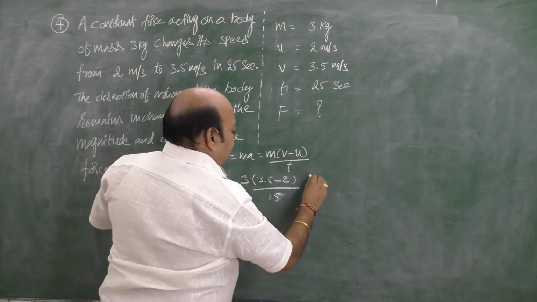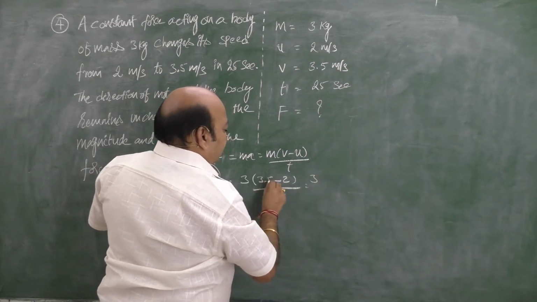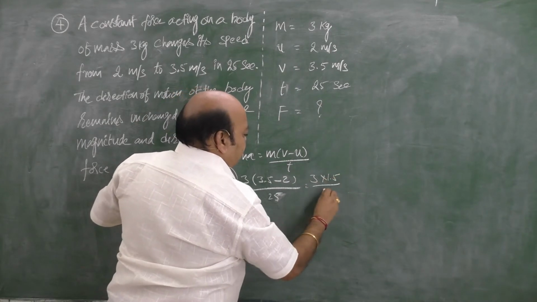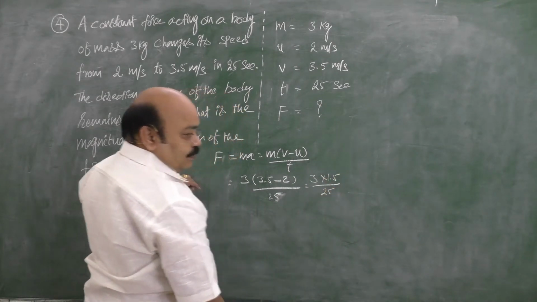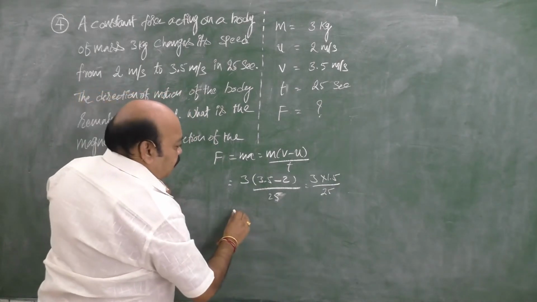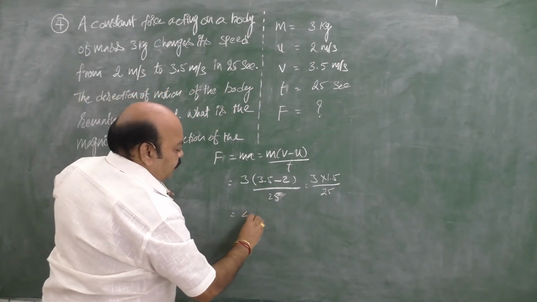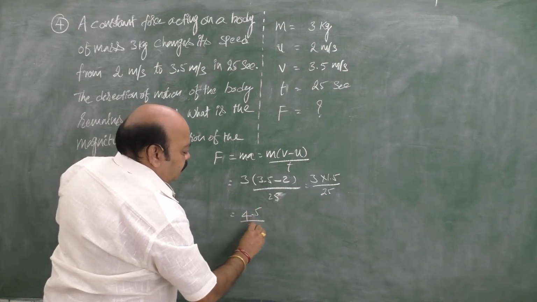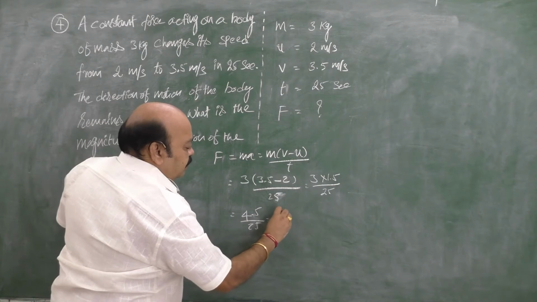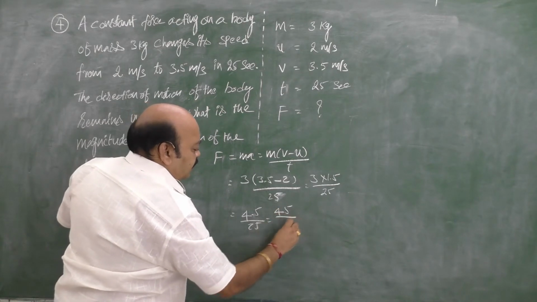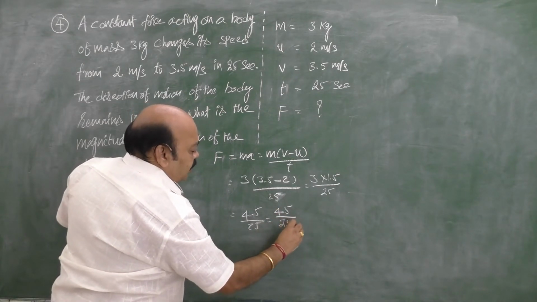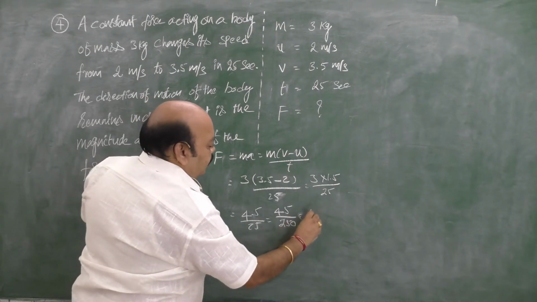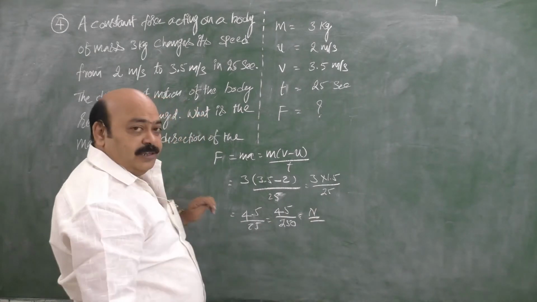This is nothing but 3 into 3.5 minus 2, nothing but 1.5, divided by 25, which is nothing but 4.5 divided by 25. For calculation purpose, it is convenient to write this as 45 by 250. That's all. Since it is force, you have to write Newton, and that is the right answer.